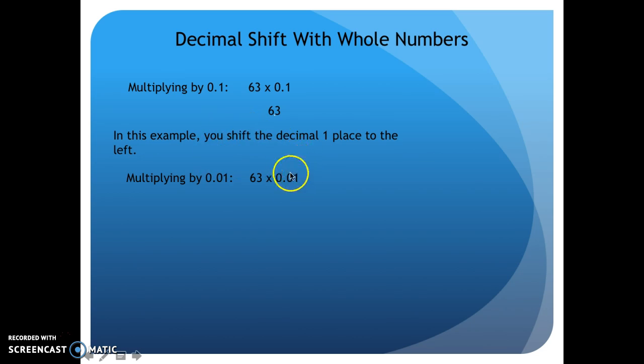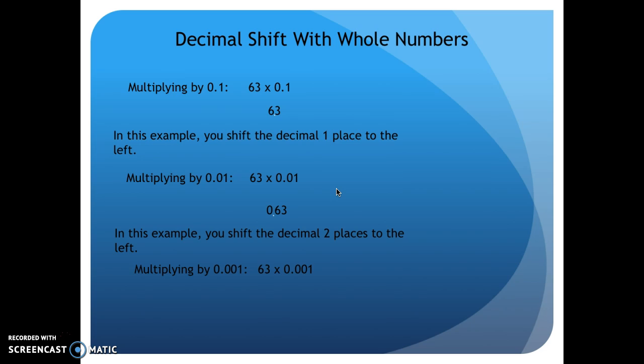Okay, we have 2 digits to the right of the decimal, so our decimal is going to shift 2 places to the left. And then finally, when we are multiplying by 1,000th, whoops, where'd that go? Since we have 3 digits to the right of the decimal, our decimal is going to shift 3 places to the left. And we're going to have to put in a placeholder there.